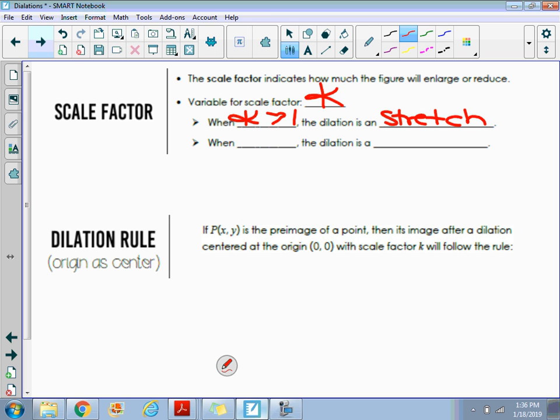If K is less than 1, it's going to be a shrink, or make it smaller. We're going to focus solely on dilating with the origin as my center of dilation.